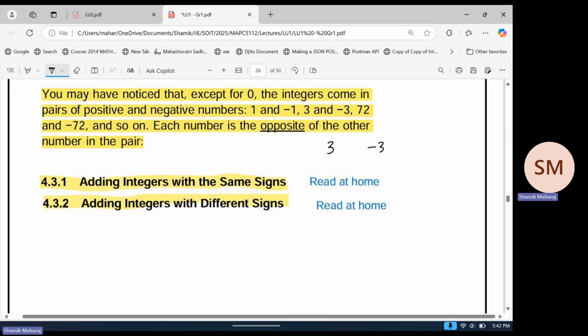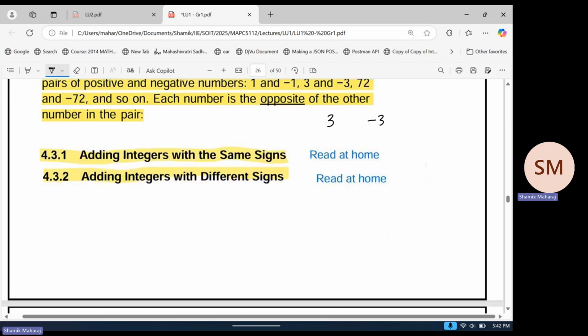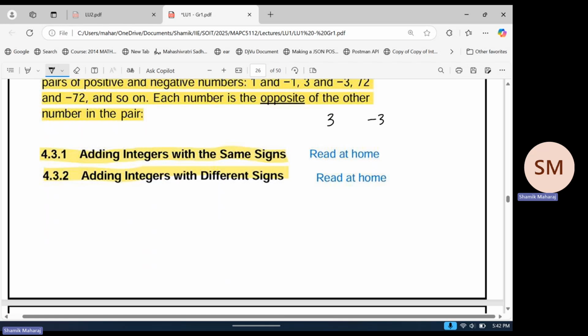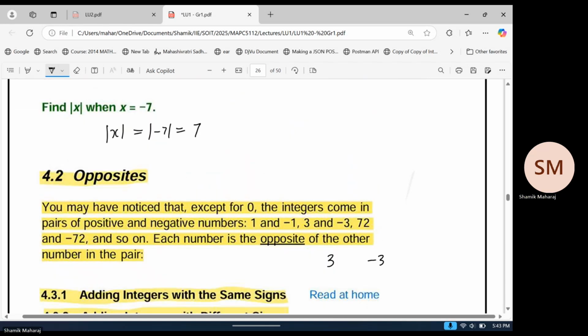Adding integers with the same sign and adding integers with different signs are very simple sections to understand. In fact, you probably don't even need to look at these sections, but if you want to, you can have a quick browse through it. But it's a bit of an odd thing. I mean, if you are confused about how to add integers with the same sign and different sign, you probably would have struggled to reach where we have already.